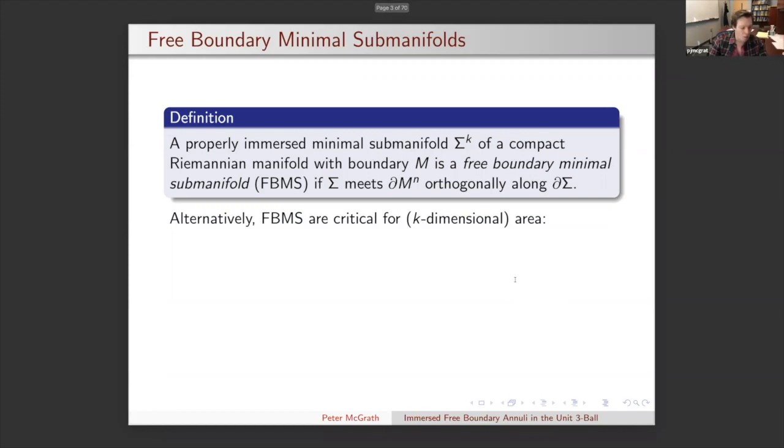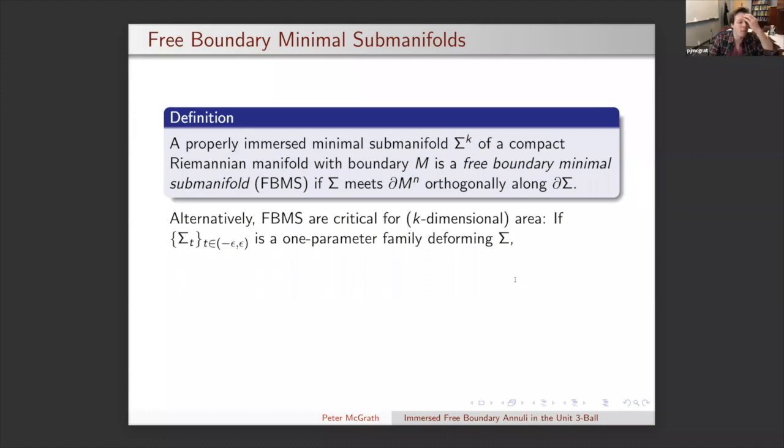So how or where do these arise geometrically or variationally? What is the purpose of these two conditions? An alternative definition is that these objects are critical points for their k-dimensional area or k-dimensional volume. This can be seen from the first variation formula, a standard differential geometric calculation.